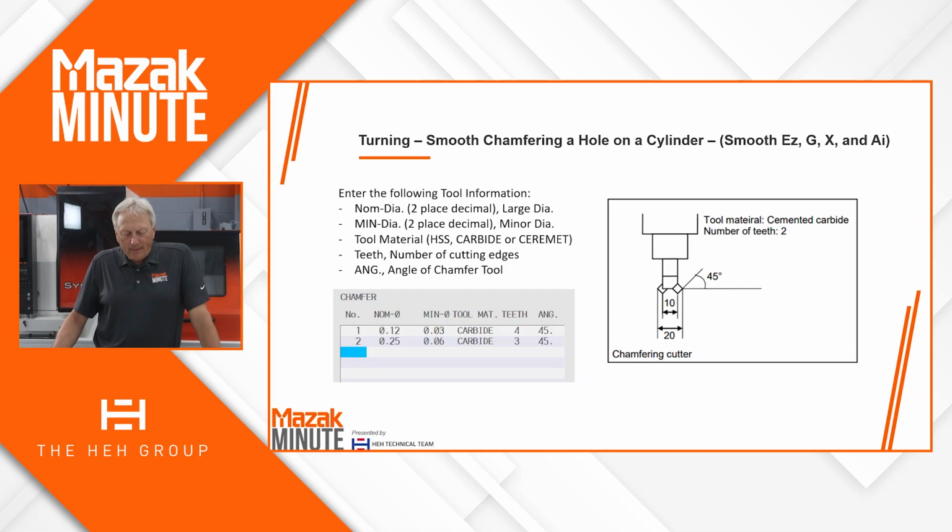And finally, the angle is going to be the angle of the chamfer. Mazak will automatically calculate out the depth of the tool based on the interference dimensions that we give it. If you look at the picture on the right-hand side, you're going to see that the angle comes from the horizontal line coming up to the cutting edge.